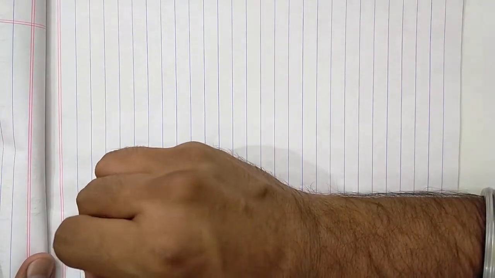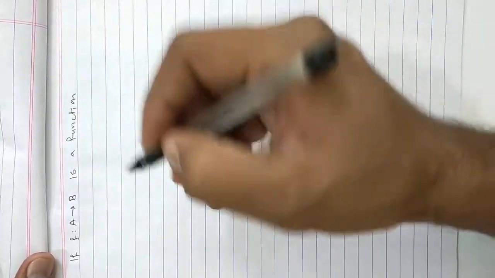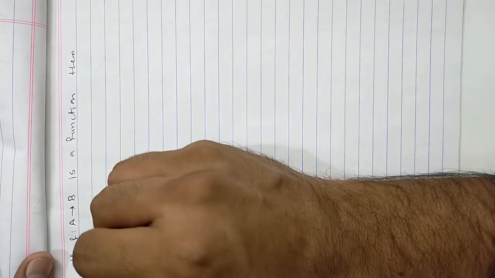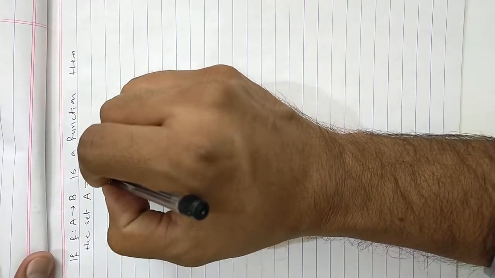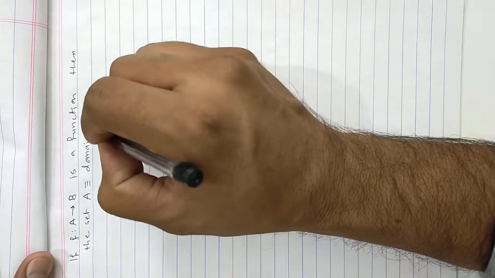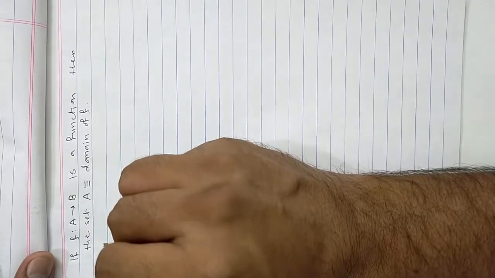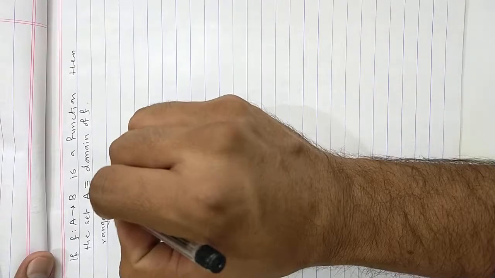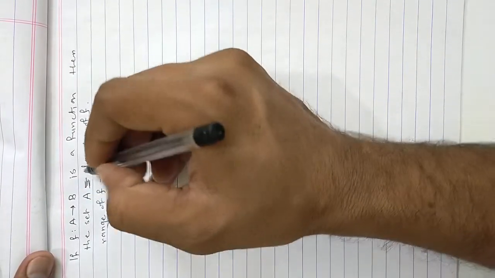If f from A to B is a function, then the set A is the domain of function f. And can you remember what is the range of f?